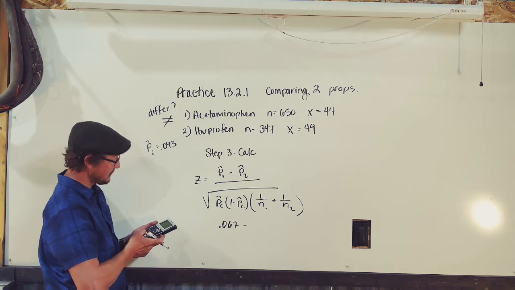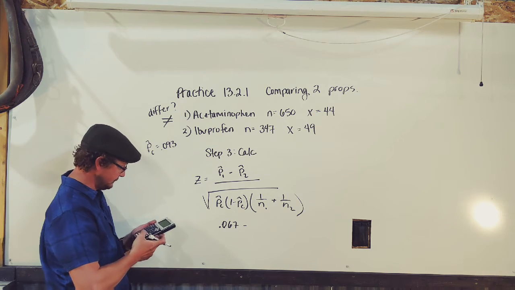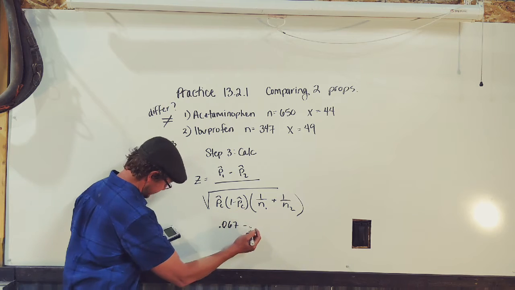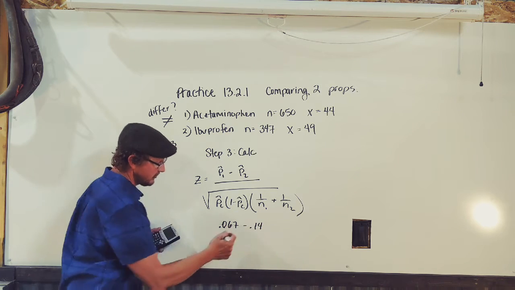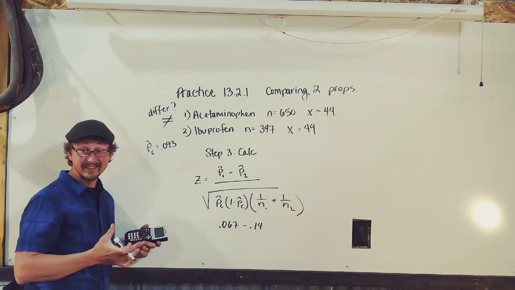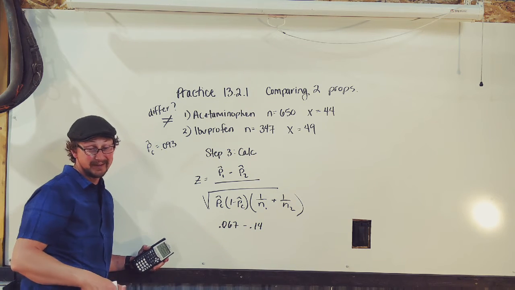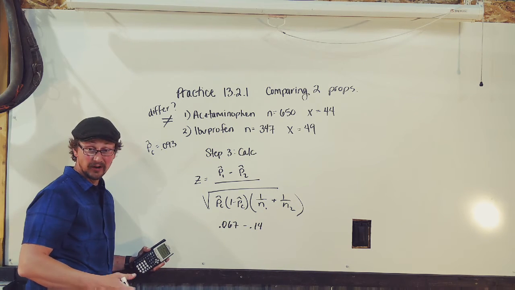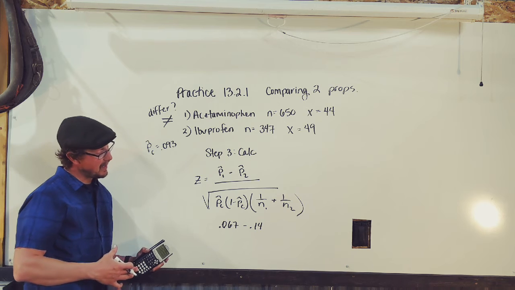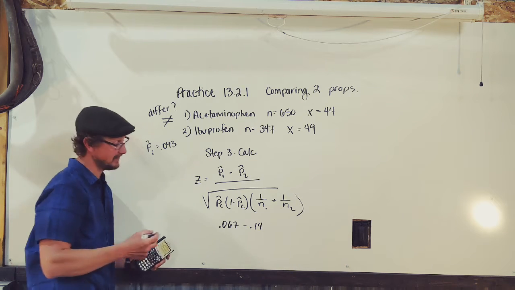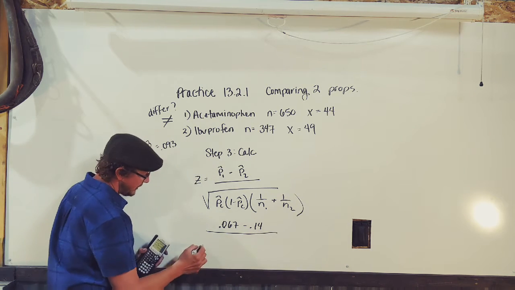That's 49 divided by 347. 0.14. So we can see that there is a difference. There's almost twice as many side effects for ibuprofen as there is for Tylenol, for acetaminophen. But is that enough to convince us? Let's go ahead and drop everything else in.